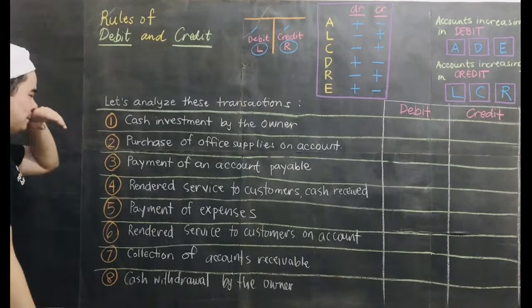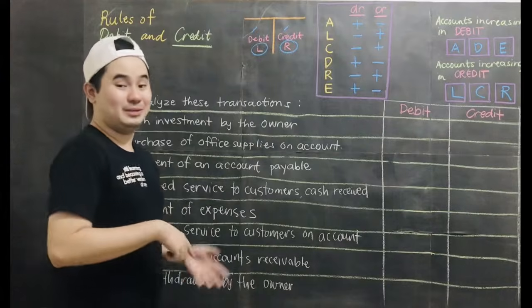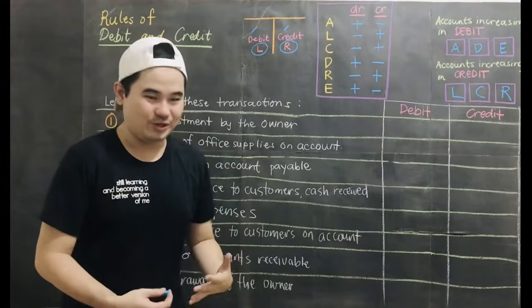Number 1. Cash investment by the owner. Last lesson, we already analyzed this using the accounting equation.